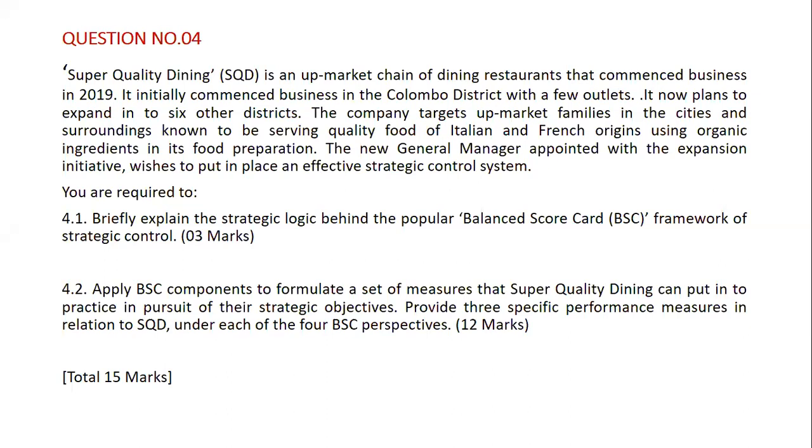I hope you know upmarket is not the lower level or middle level, but high end, where customers look for quality, delicious foods, and are prepared to offer you a premium price above the market price. So SQD should have their value chain prepared in such a way that their margin will be more than other dining restaurants.